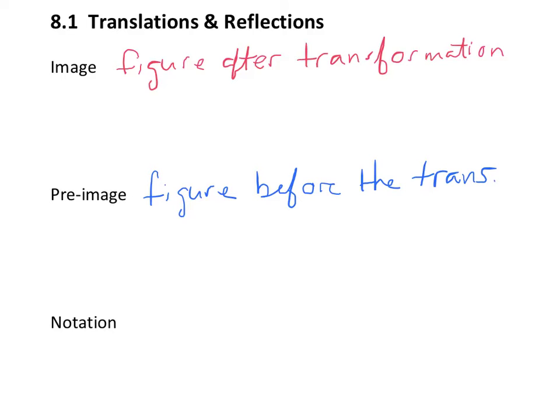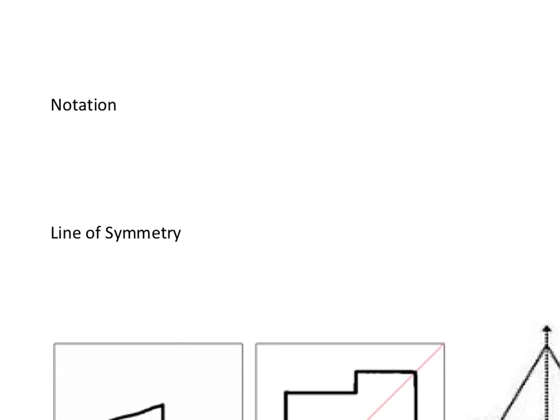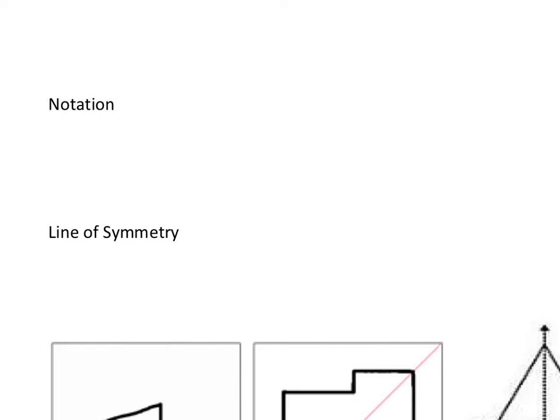Now notation is very important with translations and reflections. So if we're talking about pre-image, and then talking about the image, so image is always what it becomes. A pre-image goes by the original letters.